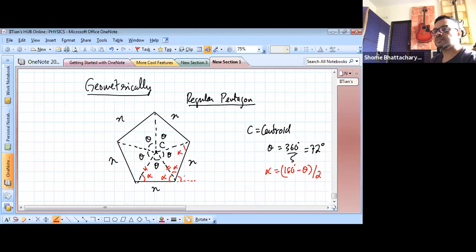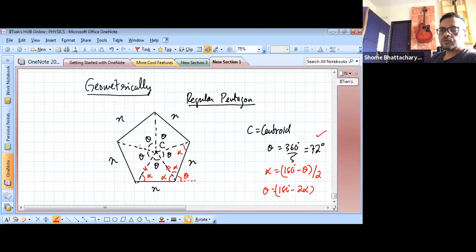This exterior angle becomes how much? It also becomes theta. Because whatever that exterior angle is, 180 minus 2 alpha, theta is 180 minus 2 alpha. You can see this theta is the same as this. So that theta is also 72 degrees.